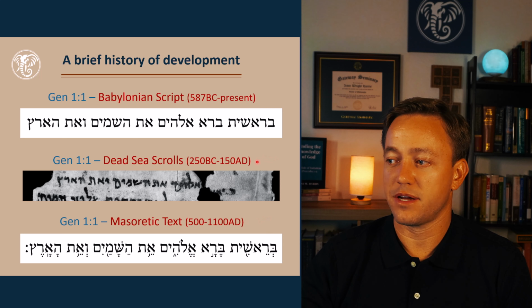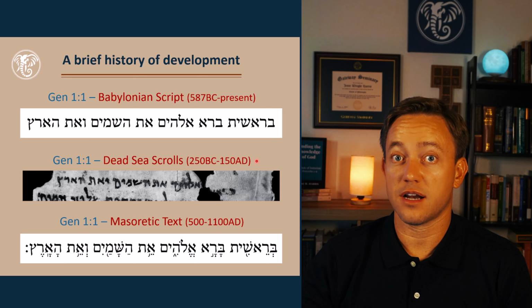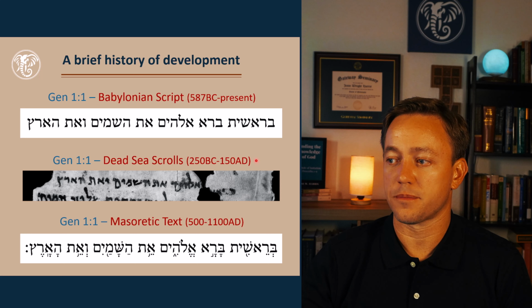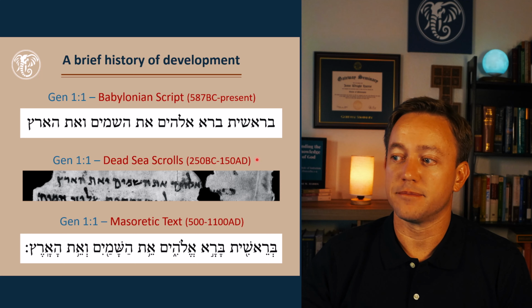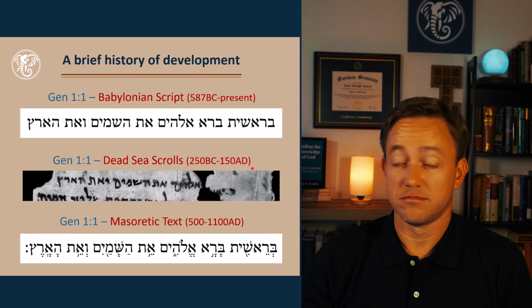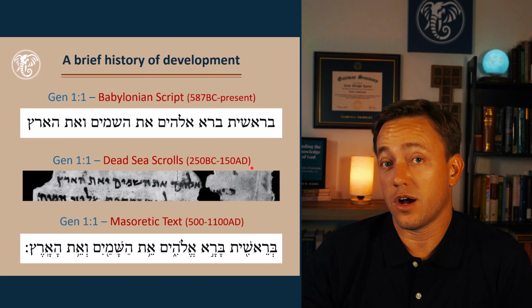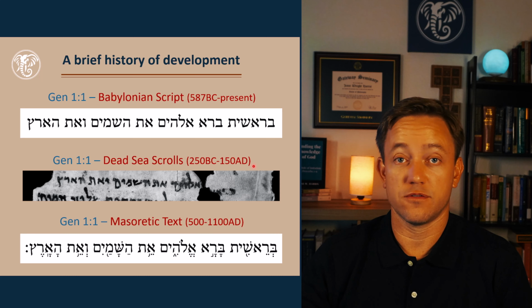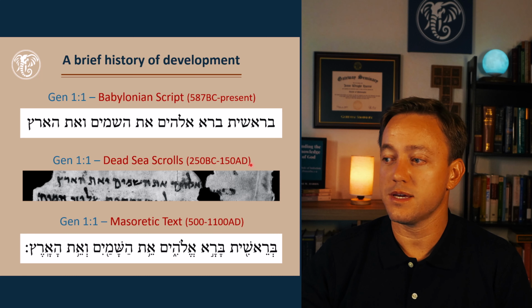But as I mentioned, in the late 1940s and early 1950s, they found hundreds and hundreds of scrolls, thousands of scrolls, near the Dead Sea. What was amazing is that they dated from maybe as early as 200 or 250 BC, so very early, relatively speaking.